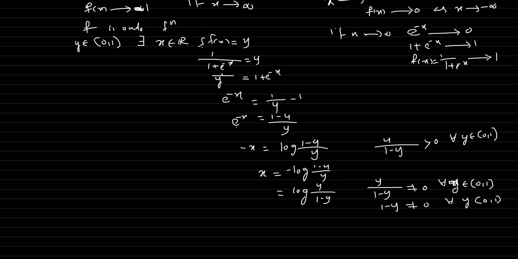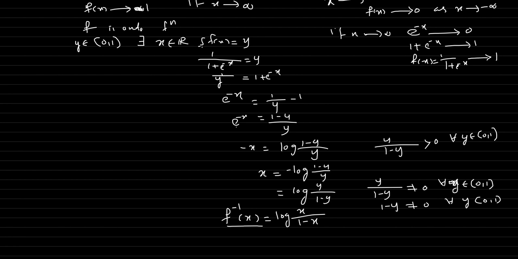So if we take f inverse of x is equal to log of x by (1 minus x), then this function f inverse is defined because f is 1-1 and onto, and f inverse of x is continuous also.